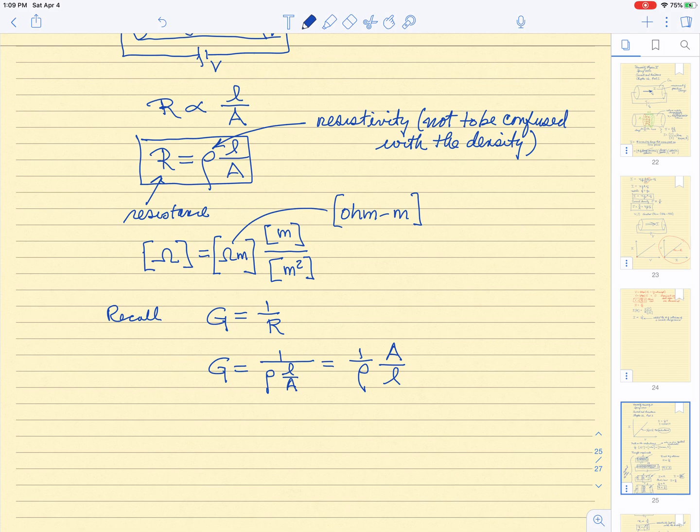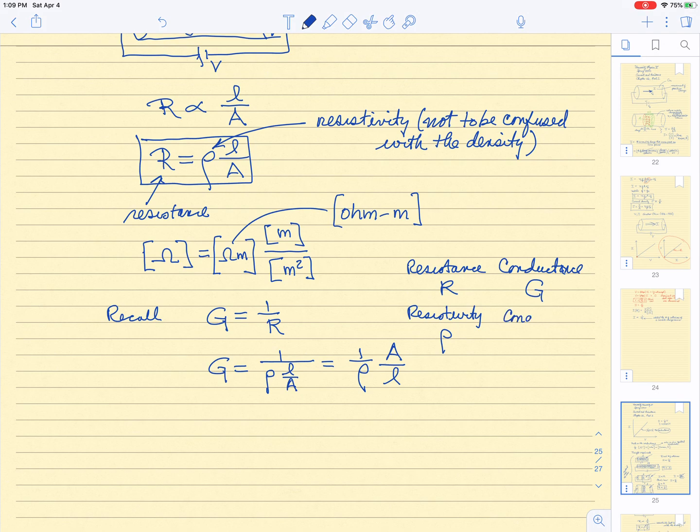So let's see how this works, right? So we have resistance R, conductance G. We have resistivity rho. What do you think we're going to call this?